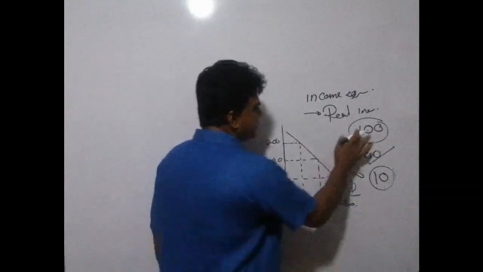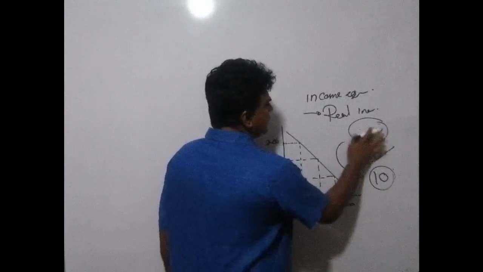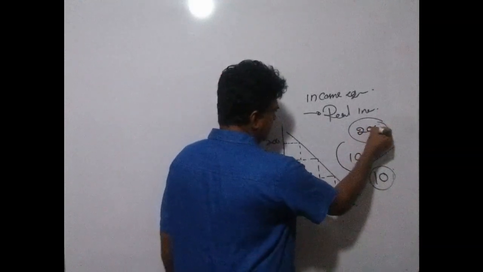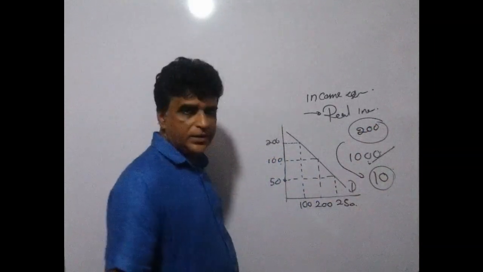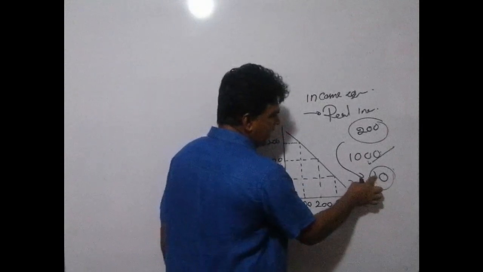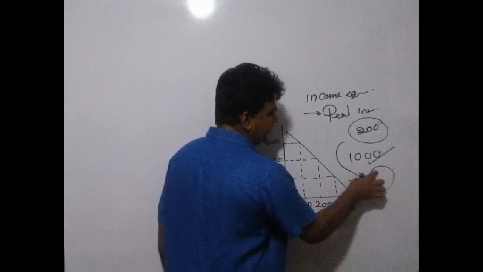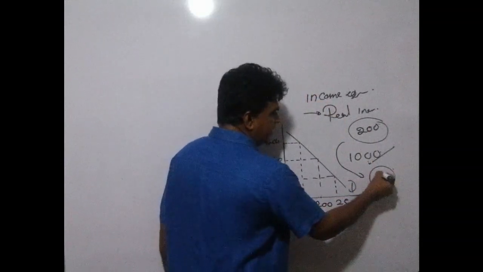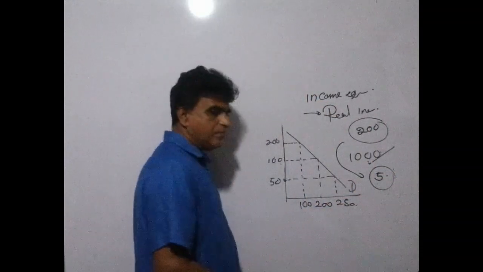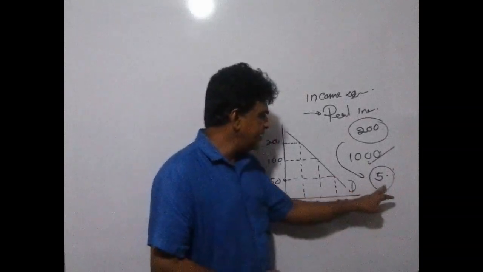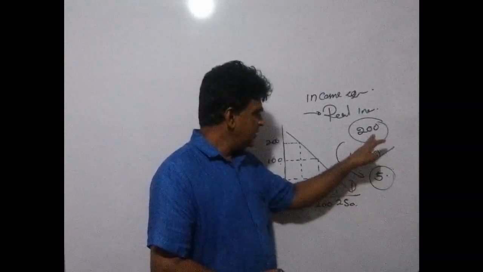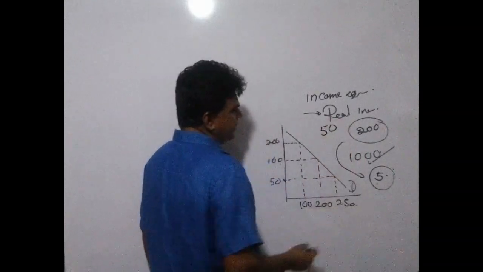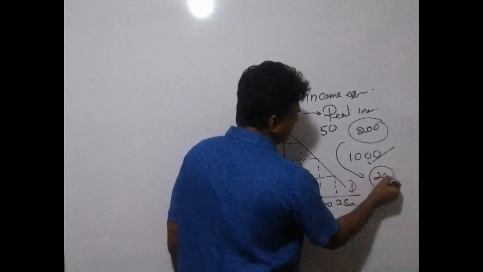As an example, think now the butter price increases to 200. Then the consumer can't buy 10 units. Then the consumer's real income decreases to 5. Why? The price has increased. In the same way, if the price decreases to 50, then this consumer can buy 20.